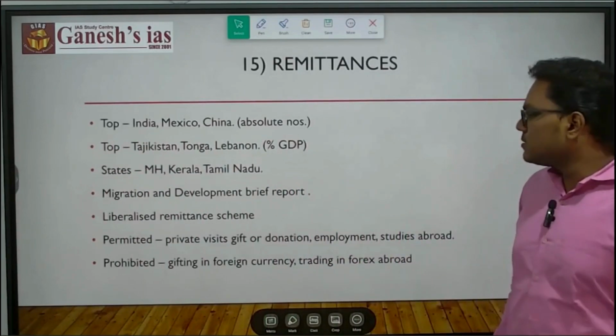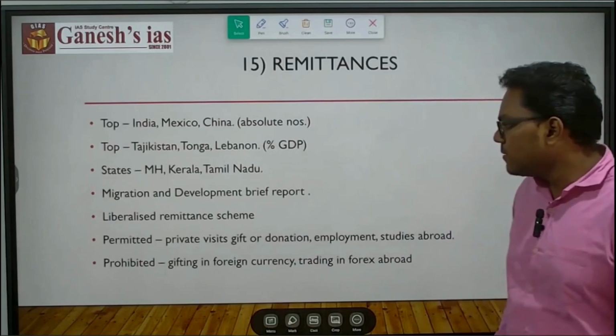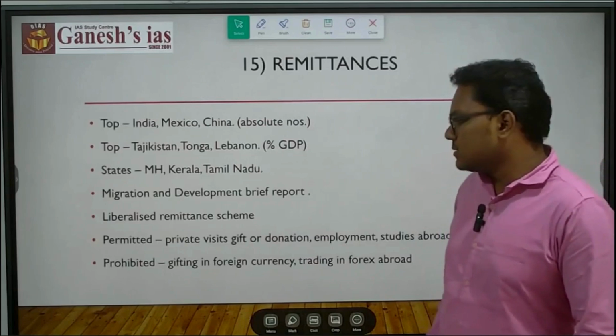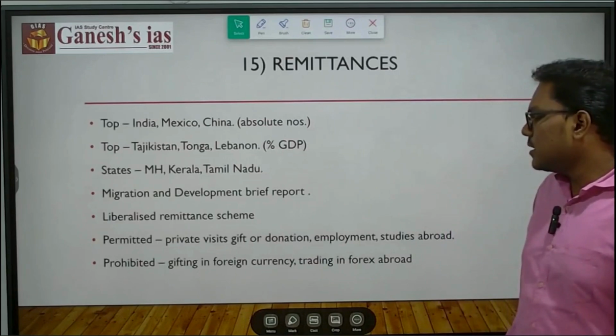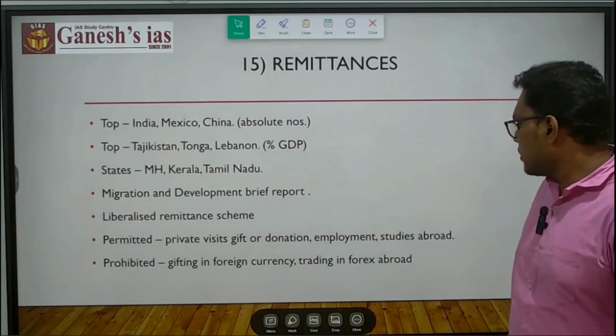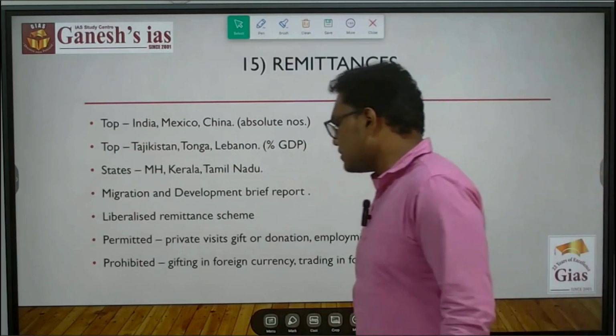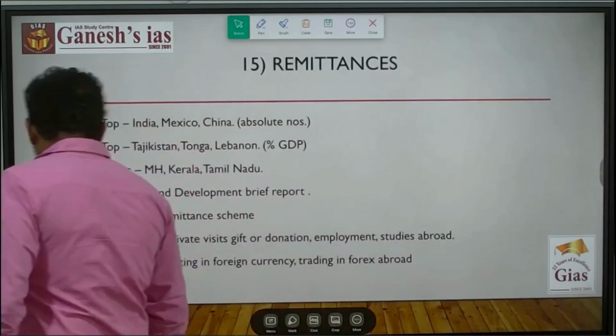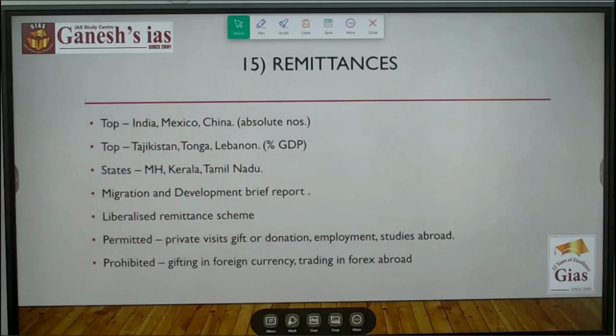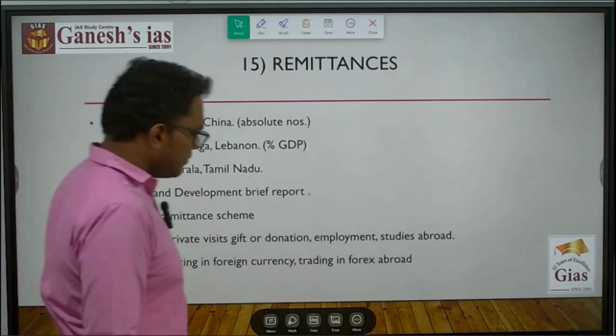And then in remittances, you have two sets of permitted and prohibited lists. Your permitted lists are your private visits, gifts, or donations. Your employment and studies abroad, all these are permitted, whereas gifting in foreign currency or trading in forex currency abroad are prohibited.